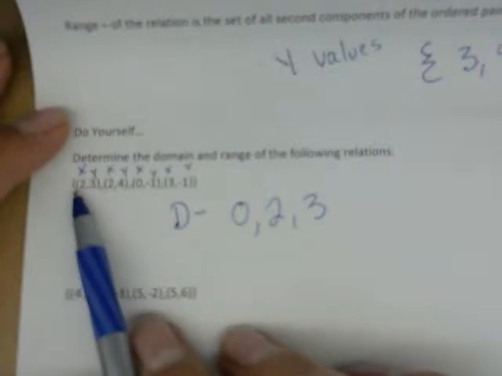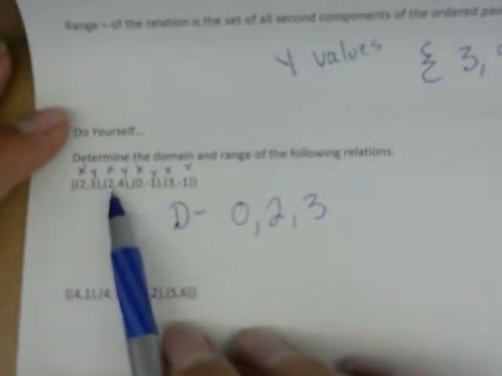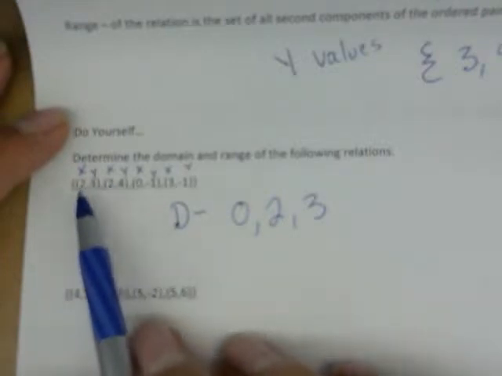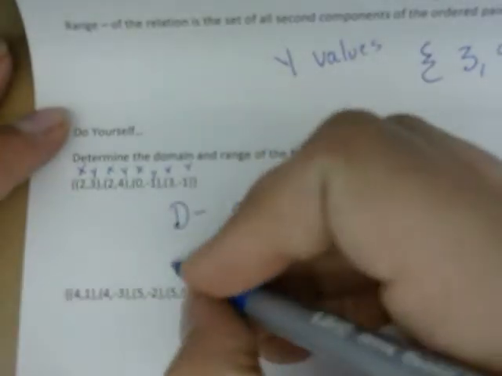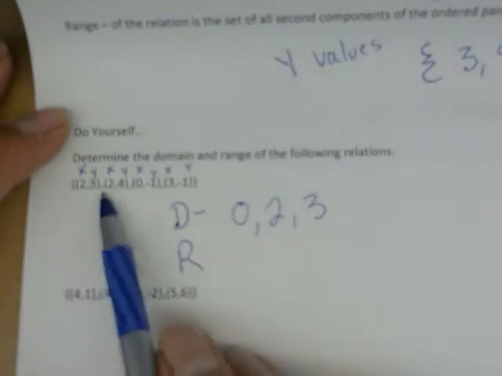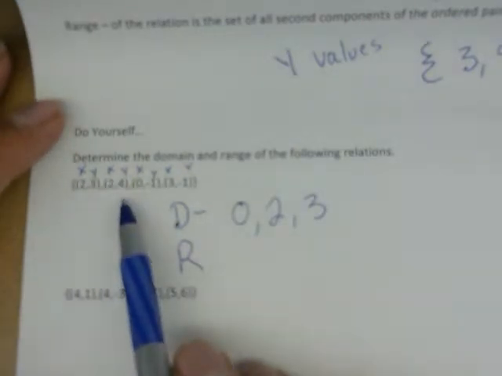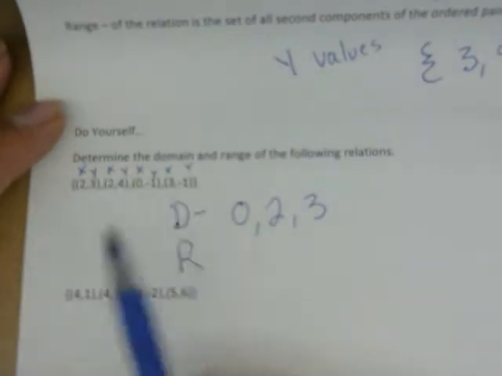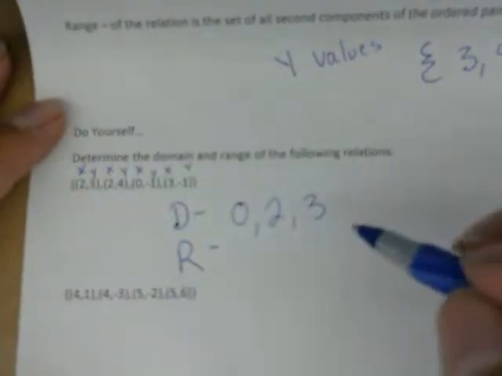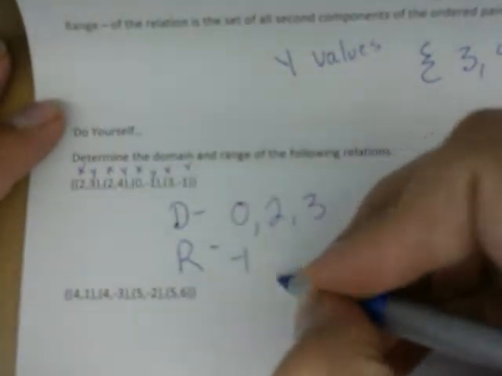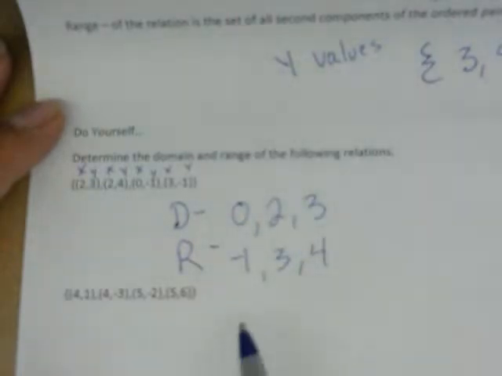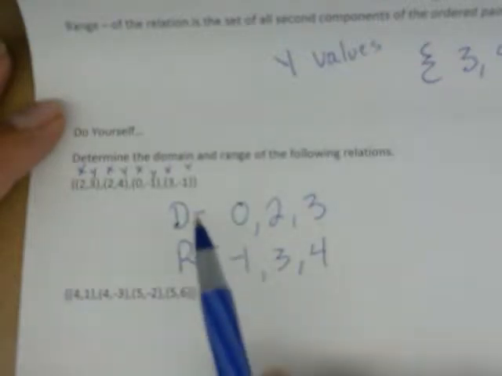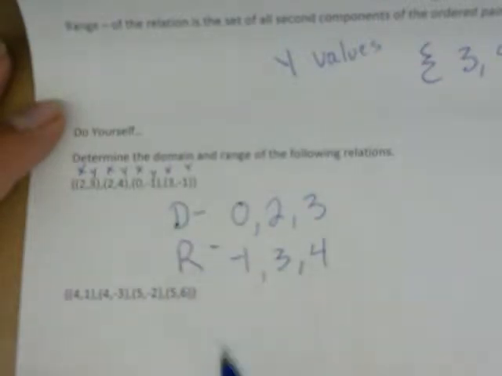Normally you'd write the 2 again, but considering we already wrote 2 down, we don't have to write it again. My range is 3, 4, -1, and -1. So my range is -1, 3, and 4. Notice once again I didn't write the -1 twice. I have more than one -1, but I only have to write it once.